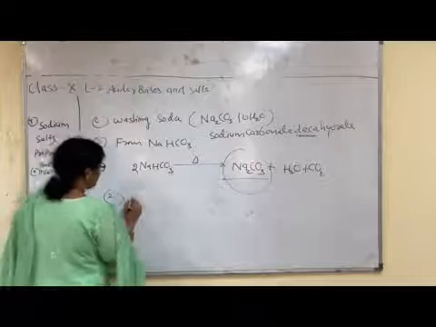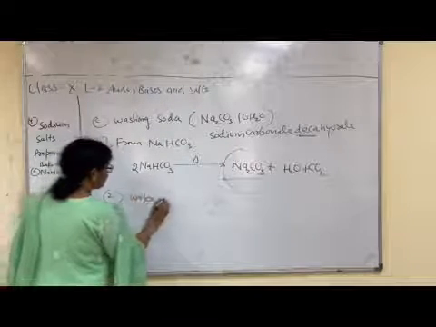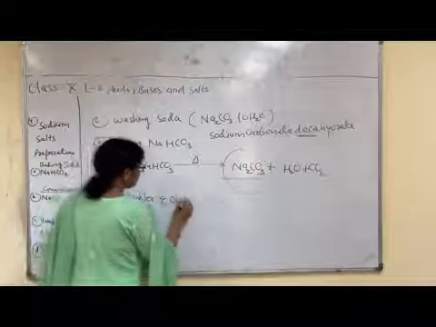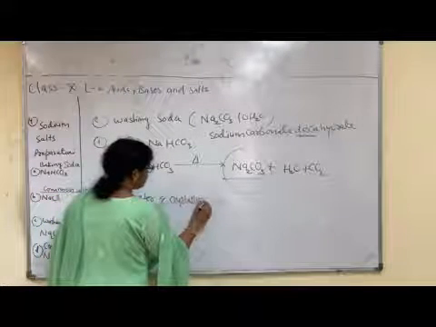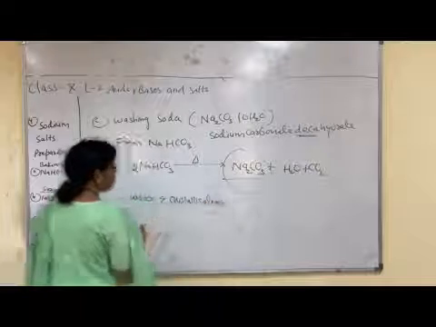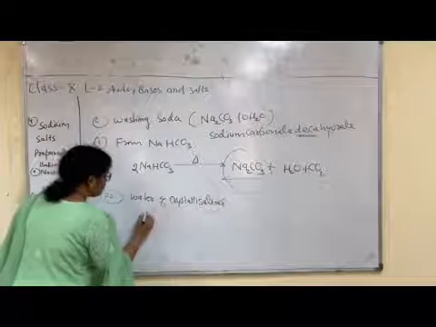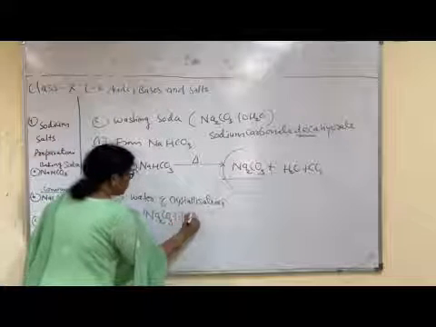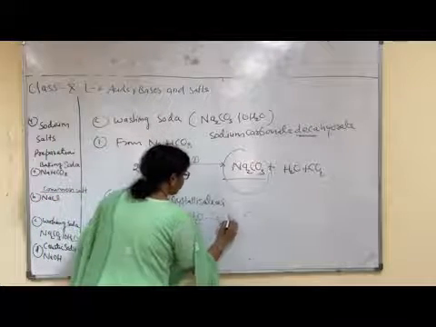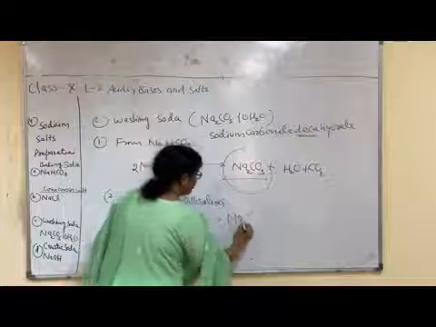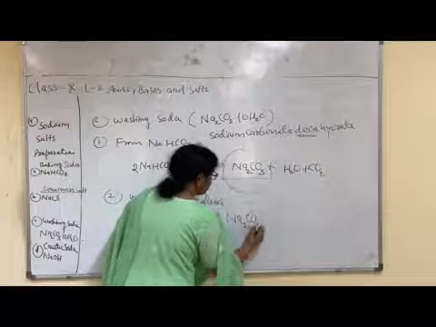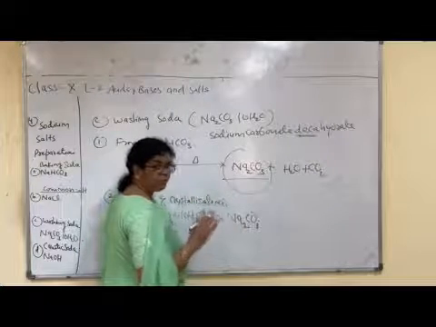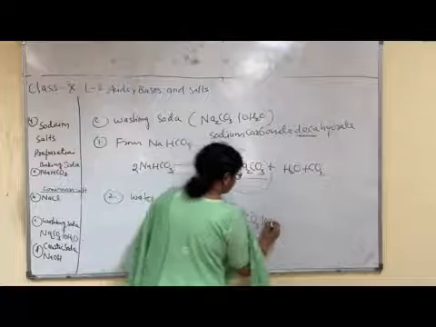Now, second is water of crystallization. Now, reaction of anhydrous sodium carbonate with 10 molecules of water, then what is obtained? Hydrated form of sodium carbonate. And how many molecules are attached? Exactly 10 molecules.